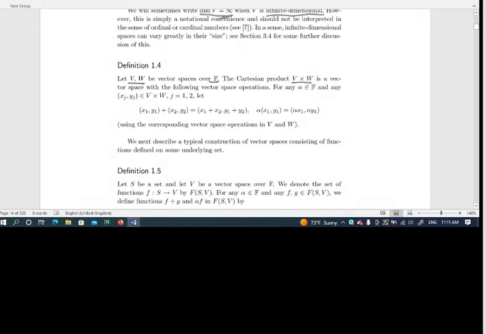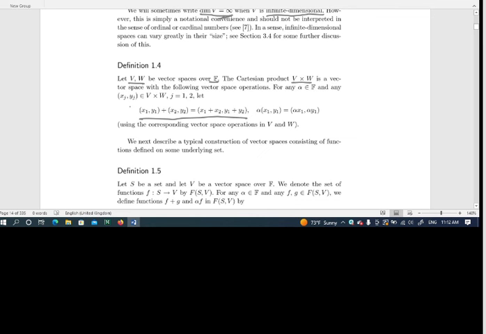If (xj, yj) for j equals 1 and 2 belongs to V cross W, we define (x1, y1) plus (x2, y2) as the ordered pair (x1 plus x2, y1 plus y2), and alpha dot (x1, y1) equals the ordered pair (alpha x1, alpha y1).